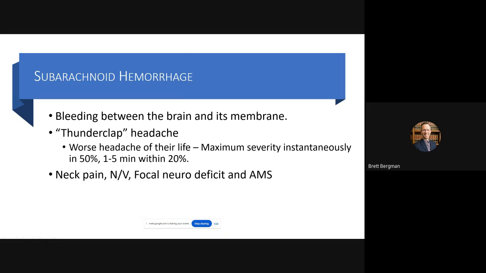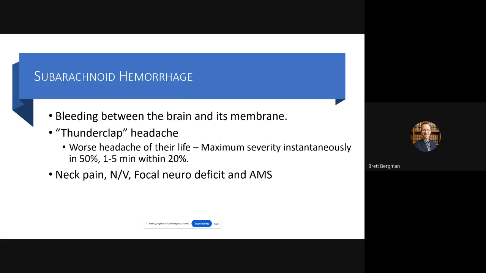Subarachnoid hemorrhage is another type of really serious brain bleed that we can see. The classic presentation for this is what is called the thunderclap headache. If someone is telling you that they have the worst headache of their life, that is a patient that you really need to have a high level of suspicion that they could be having intracranial hemorrhage.